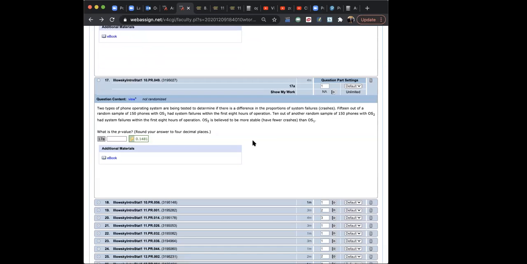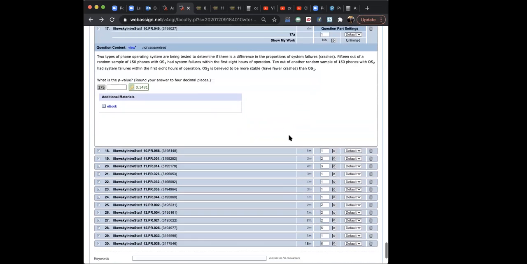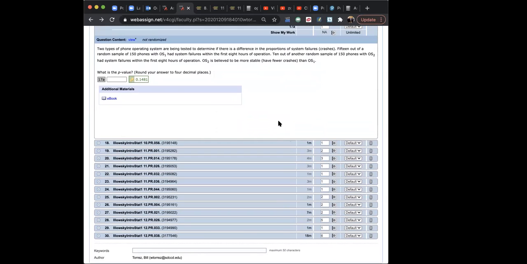Okay. All right, let's read the next problem here. 2 types of phone operating systems are being tested to determine if there is a difference in proportions of system failures, crashes. 15 out of a random sample of 150 phones with OS 1 had system failures within the first 8 hours of operation, whereas 10 out of another random sample of 150 phones with OS 2 had system failures within the first 8 hours of operation.